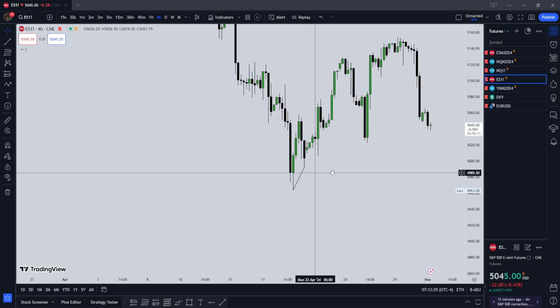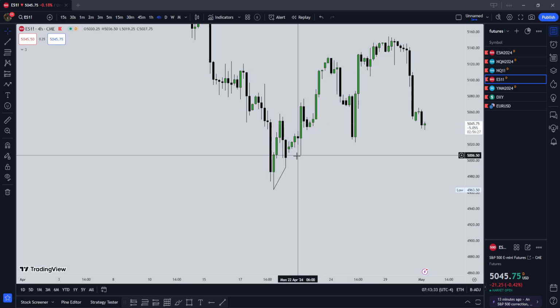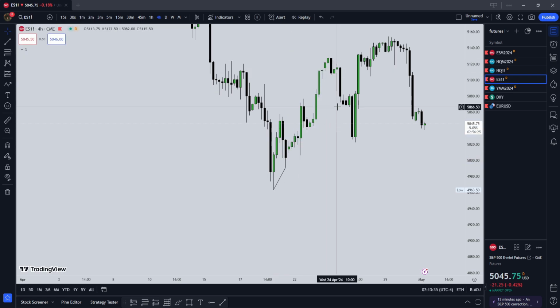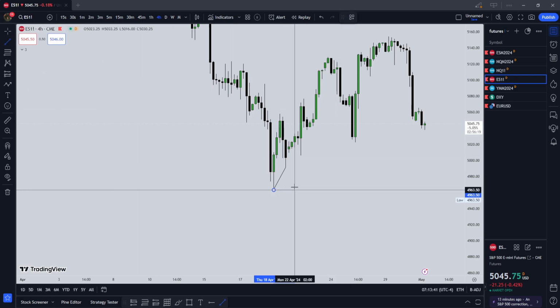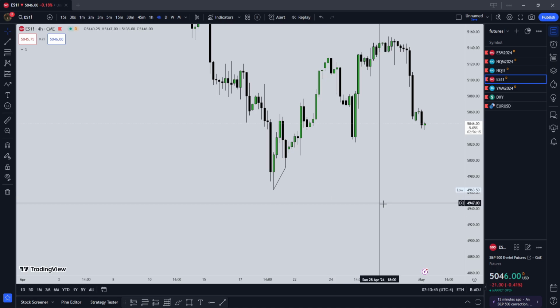Structurally, that one tends to be stronger, because it failed to take that low out, which tends to be more bullish.